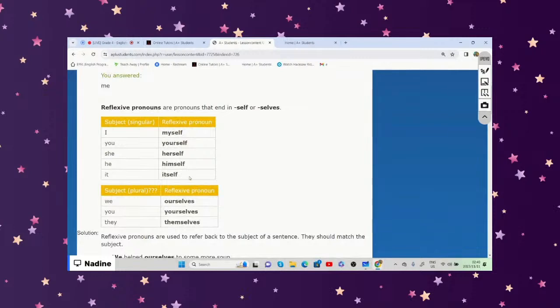And remember, our reflexive pronouns, which are myself, yourself, herself, himself, itself, ourselves, yourselves, or themselves, need to refer to the subject. If the reflexive pronoun does not refer to the subject, but it refers to something else or someone else, then we use a personal pronoun.